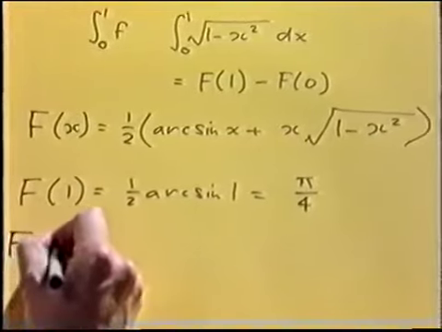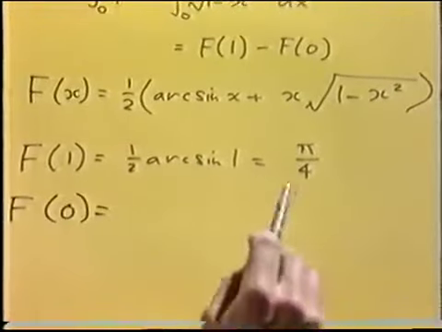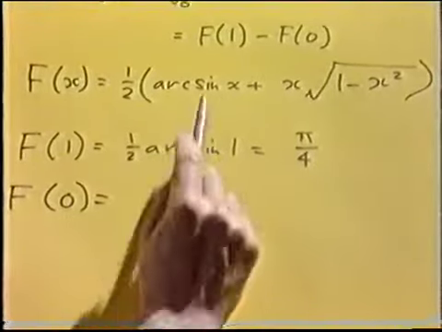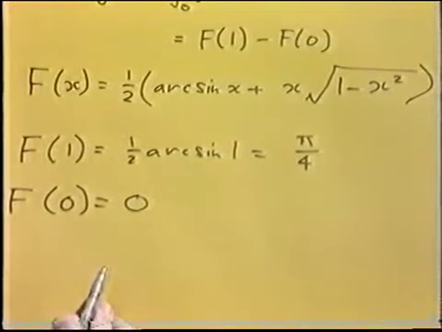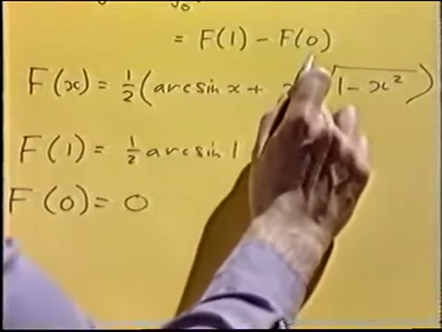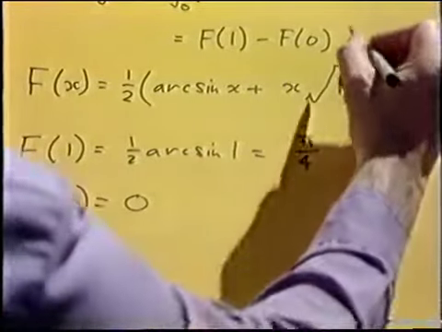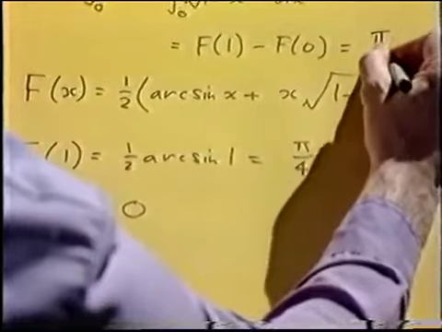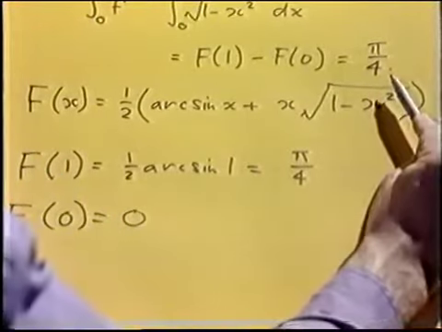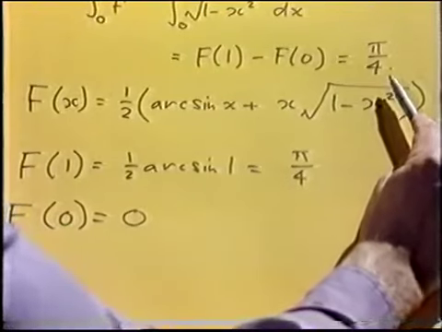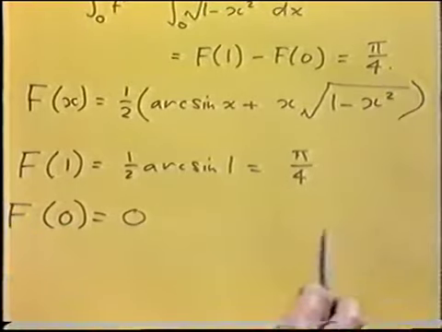And putting in 0, both these terms disappear, so F of 0 is 0. That means that F of 1 minus F of 0 is pi over 4. So the area of my quarter circle is pi over 4. And so the area of a complete circle is pi.